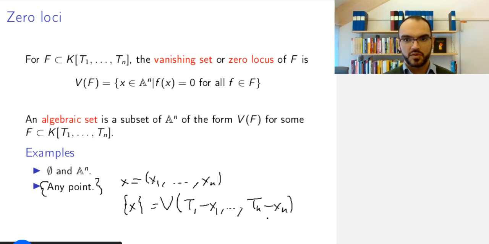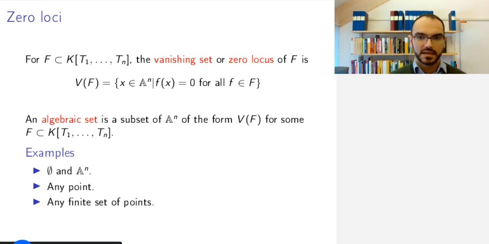These polynomials, the set of x on which all of these polynomials vanish is just this point, x. As a corollary of a proposition we will see in the next slide, any finite set of points is an algebraic set.